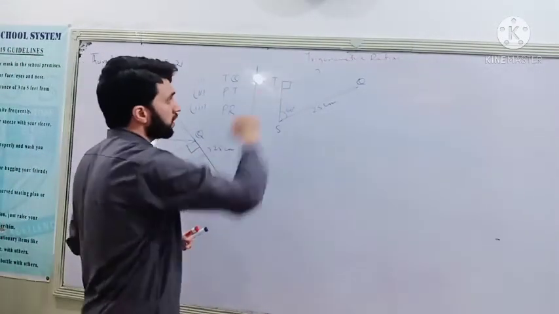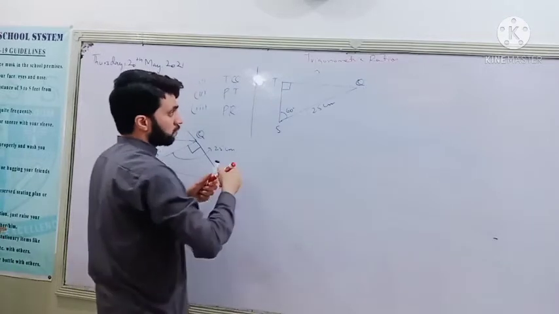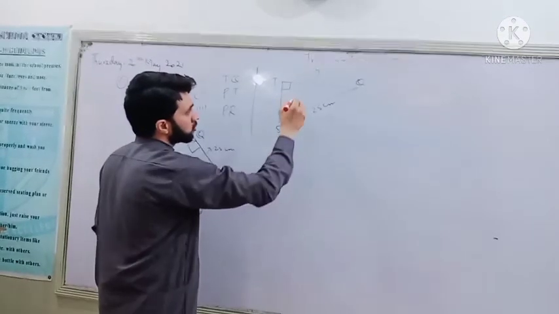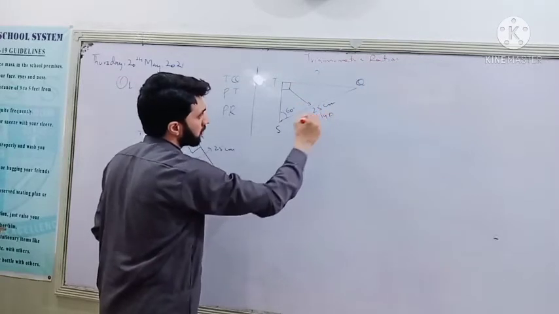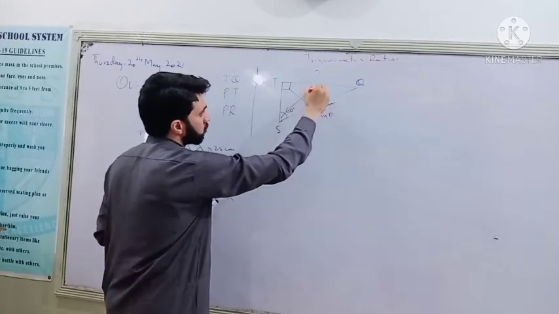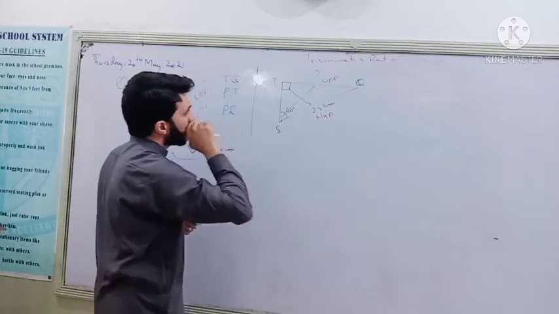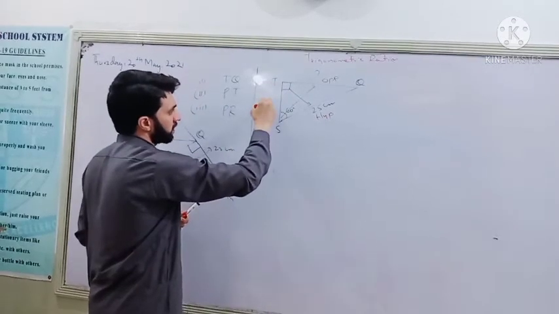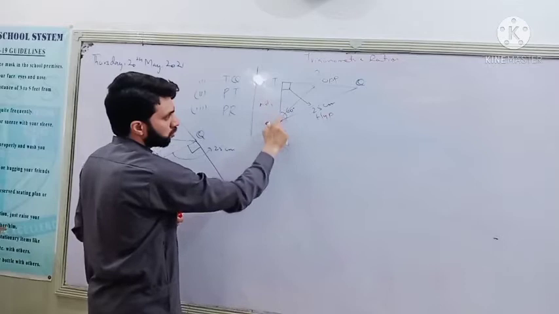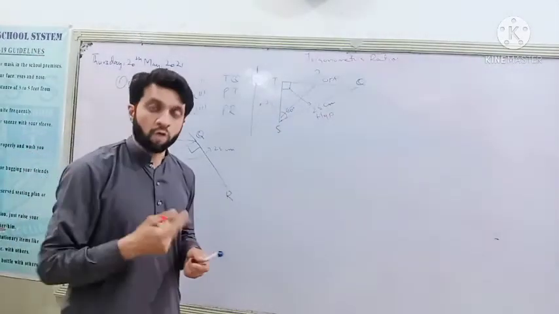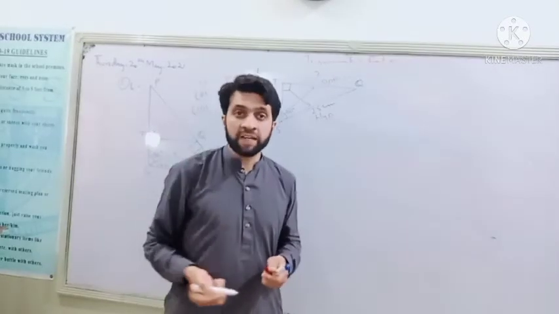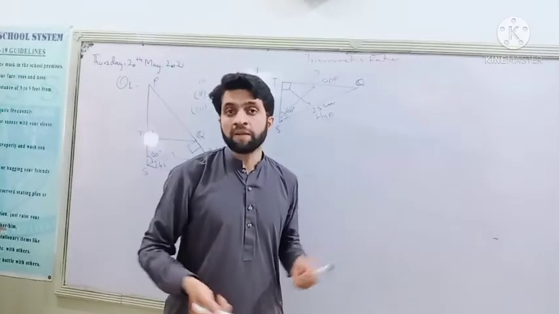To find TQ, first of all we have to identify the sides. In front of 90 degree, this is the hypotenuse. In front of the acute angle, this is opposite, and this is the adjacent side because it is adjacent to the acute angle. We have to find the opposite, and opposite comes in sine and tan, it doesn't come in cos.